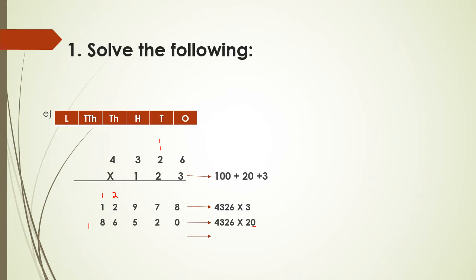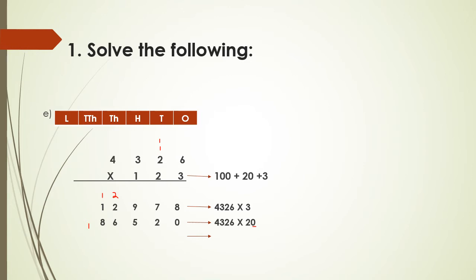So now you will get 2 times 6 is 12, 1 carry over. Then 2 times 4 is 4... Then 2 times 2 is 4, 4 plus 1, 5. Then 2 times 3 is 6. Then 2 times 4 is 8. Second step, that is third step is over.